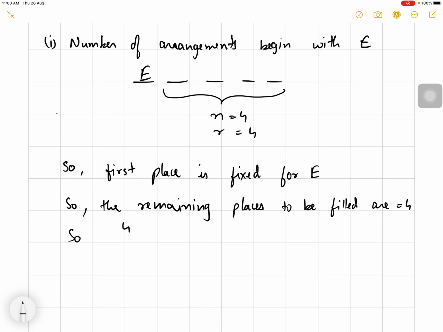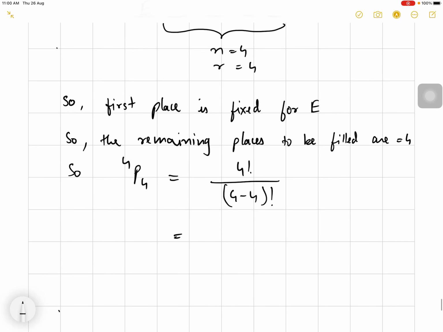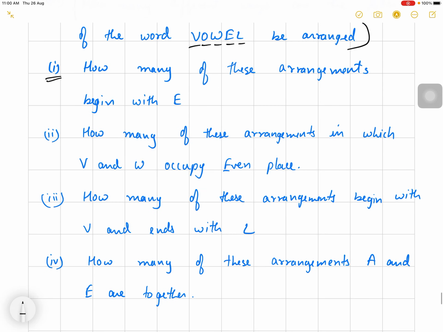So, 4P4 is equal to 4 factorial divided by (4 minus 4) factorial, right? So, 4 factorial is 4 into 3 into 2 into 1 and divide by 0 factorial. 0 factorial is 1. So, 4 into 3 into 2 into 1 comes to 24 ways. Right? This is the first part, first question. So we have solved this.